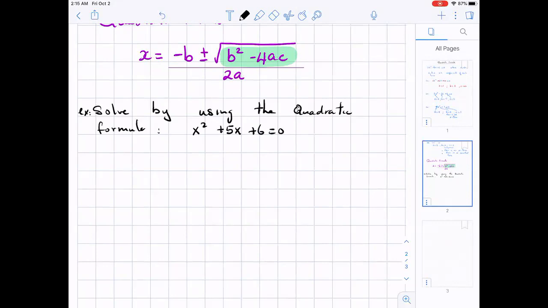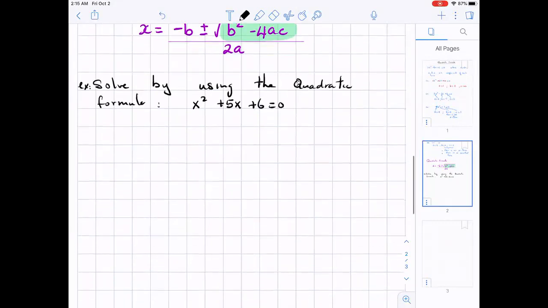The first thing to do is identify a, b, and c. So we have a with a coefficient 1. So this is our a. We have b, which will be 5. And we have c, which is equal to 6.